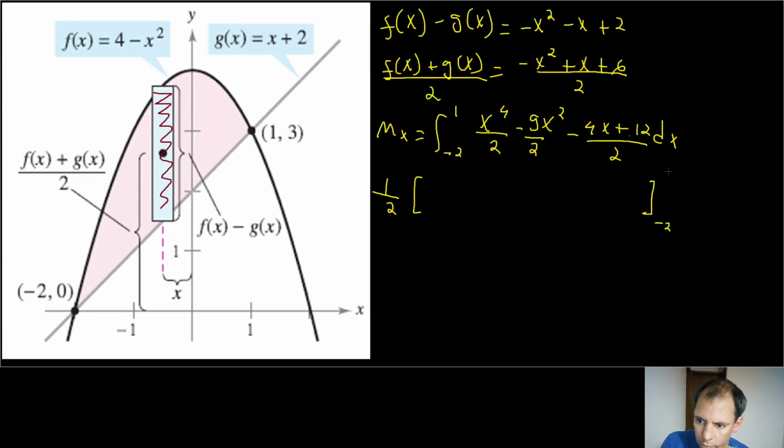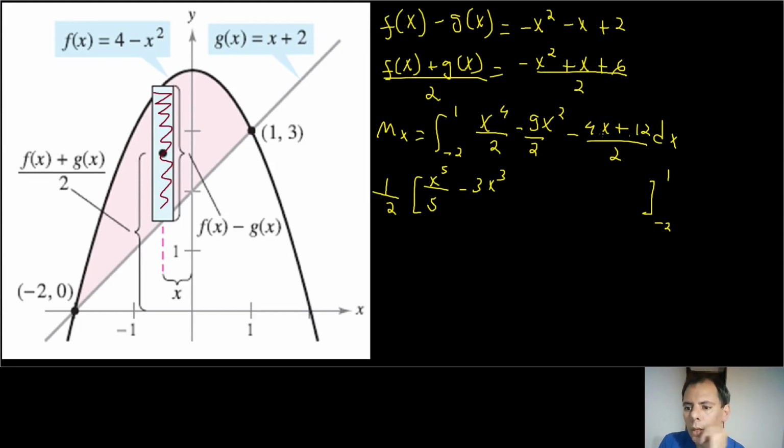From -2 to 1, it'll be x to the 5th divided by 5, minus 9x cubed divided by 3, minus 3x cubed. Yeah, 9 divided by 3.